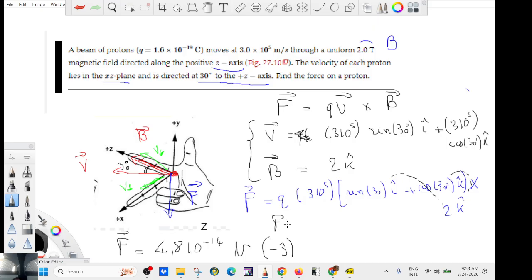So the force will be Q times 3 times 10 to the 5, and then you have a sine 30, and you have a 2, and then here you have i hat cross k hat, and that's going to be minus j hat, and you get the same thing.